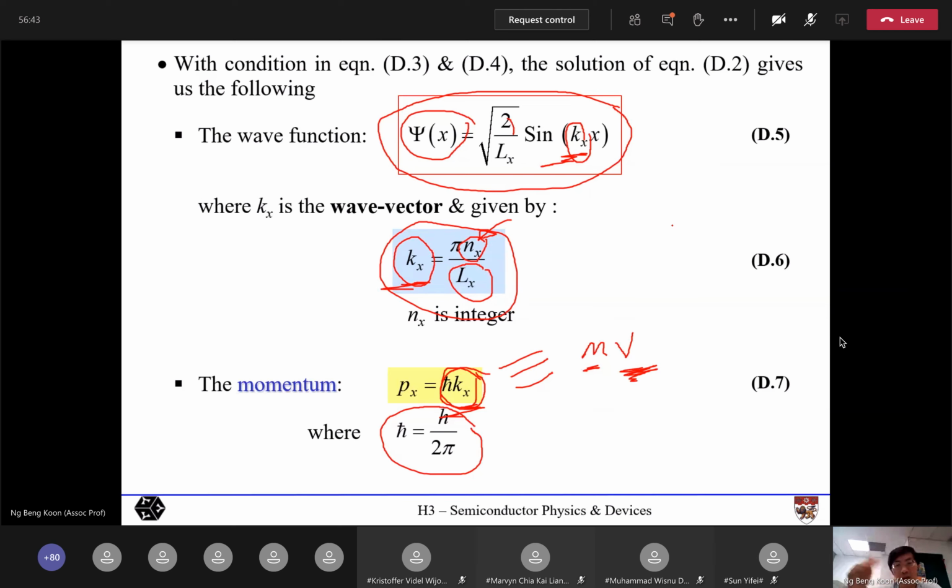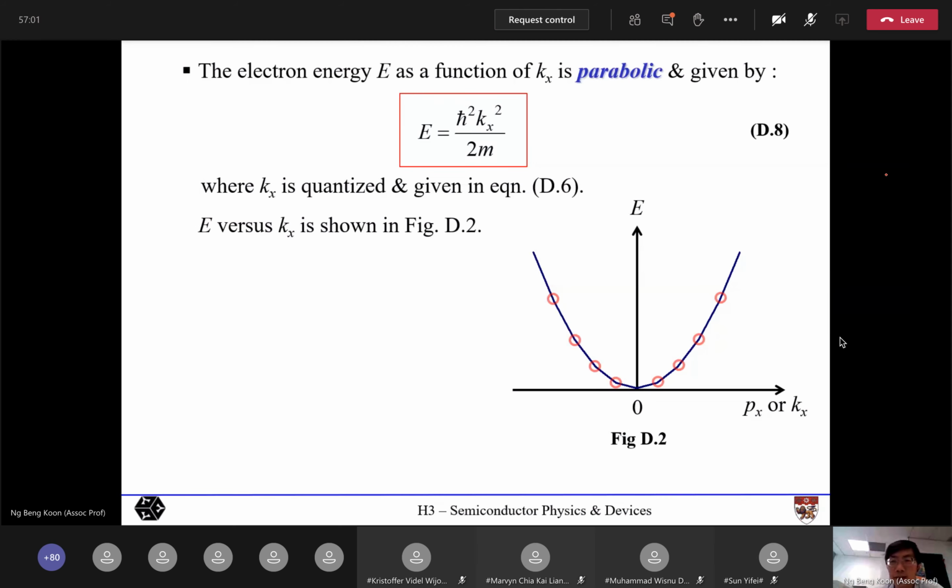You can only take on specific values defined by n. So you cannot have continuous values like 0.001 of k or 0.00002 or 0.003. It doesn't go continuously; you only take on specific discrete values. Which means that the energy solution we're finding here is also discrete in nature, because if kx depends on nx, then E also depends on nx, so it takes on specific discrete values.